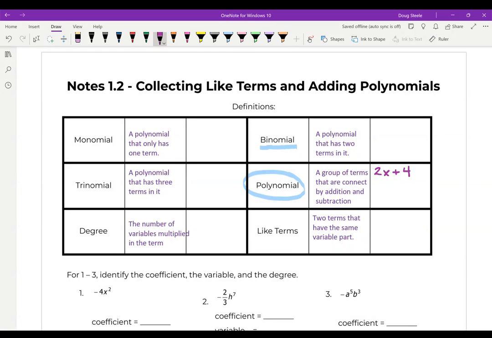Another polynomial that we could have would be 2a minus 3b plus 5. So this is a polynomial that has 3 terms. You can see we have the 2a, the negative 3b, and the positive 5. This is known as a trinomial.